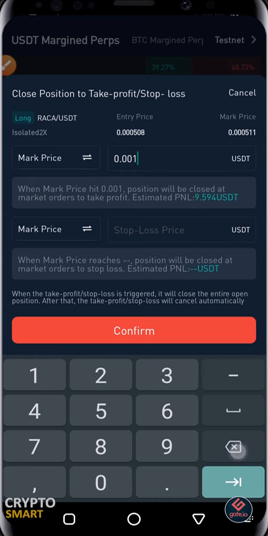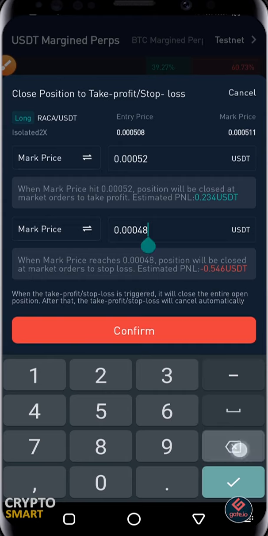Alright, remember I want to exit this trade at 0.0052 or thereabouts. Remember, this is just for illustration purposes. Now supposing the market eventually goes down to 0.00048, we'll have lost about 50 cents or thereabouts. Is that right? So here you can further adjust it to suit your needs.